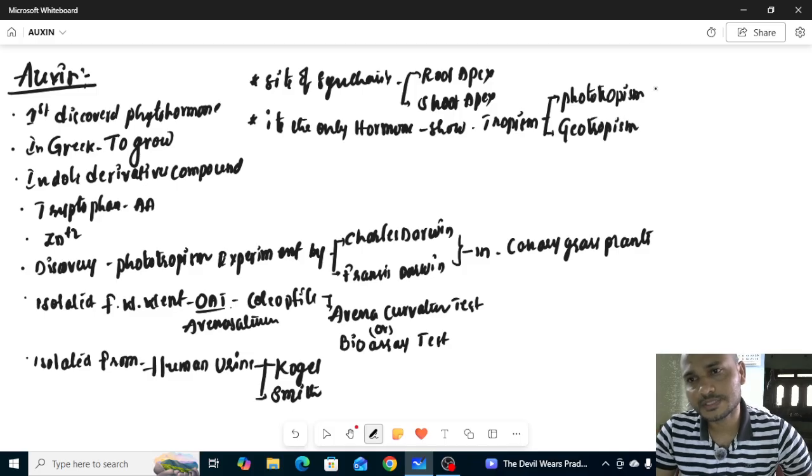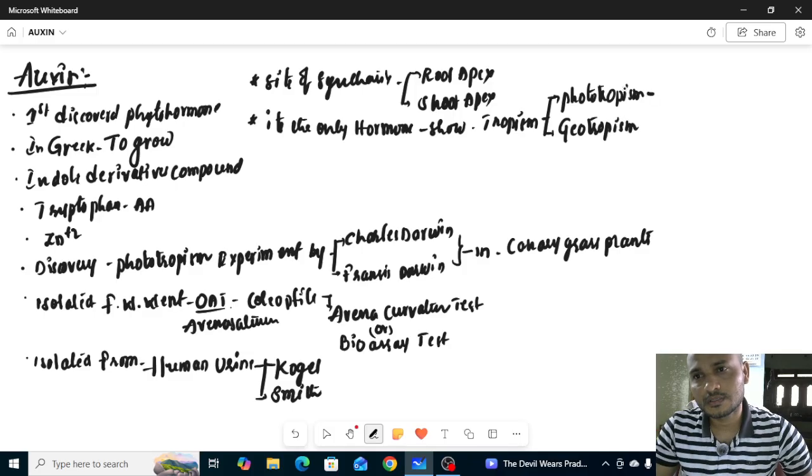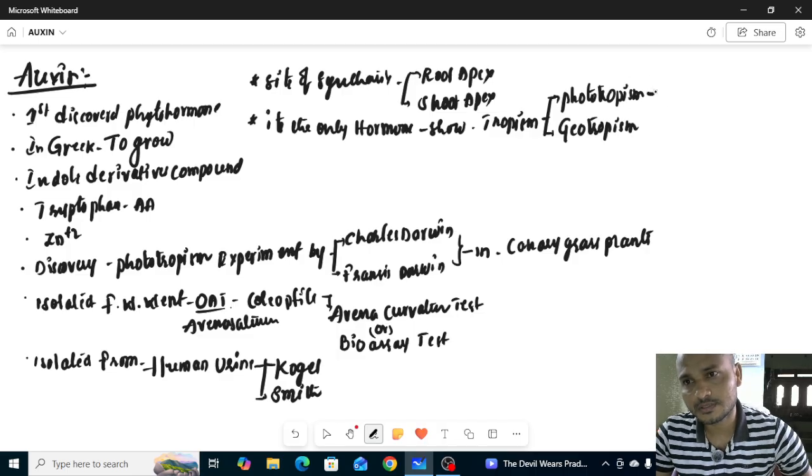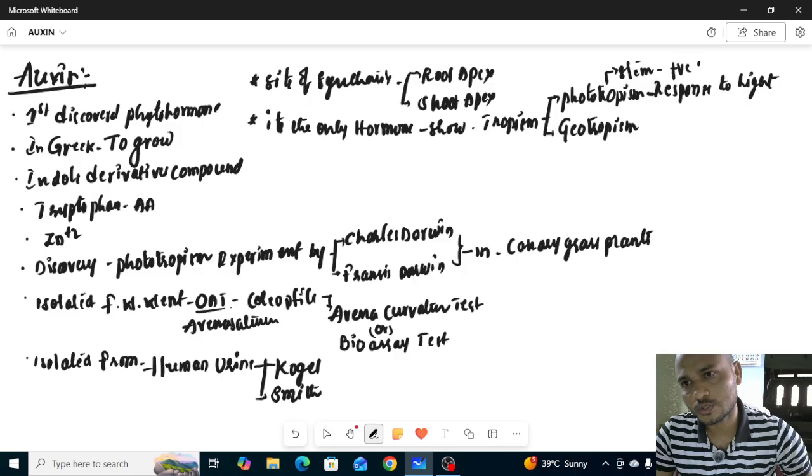Here phototropism means the plant responds to the light. Such type of movement is called phototropism. The best example for phototropism is stem. Stem shows positive phototropism movement.